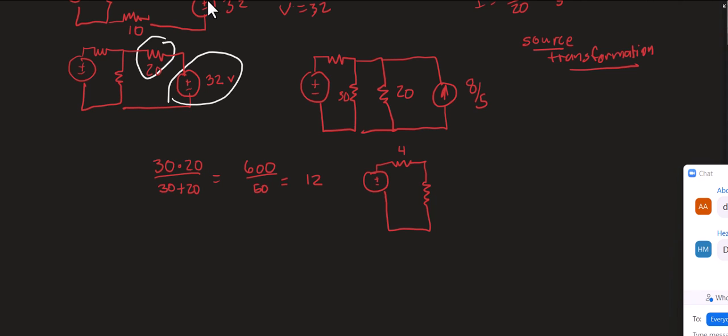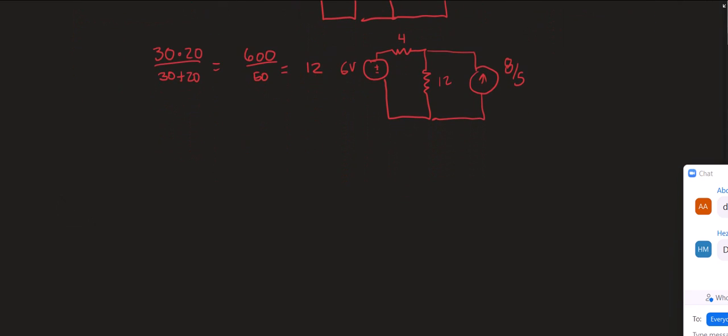Let's see, so this is now 12. And 8/5. And this was 6 volts. And notice I have not messed with my 6 volts. And so I think we're ready for our last source transformation, to take our current source and our resistor. So we've got current source and resistor in parallel.